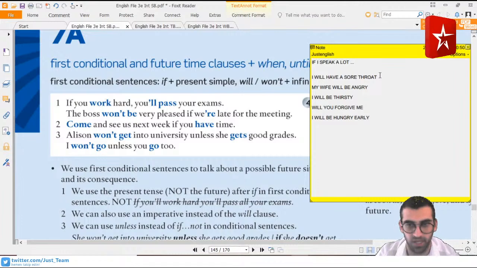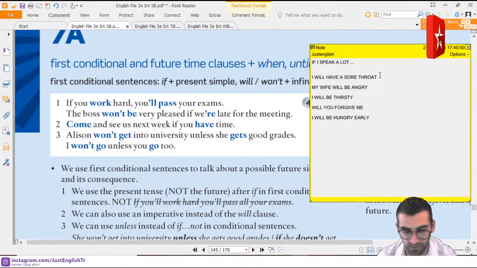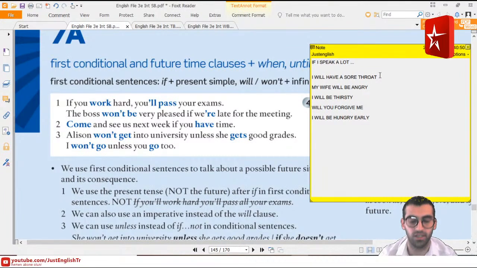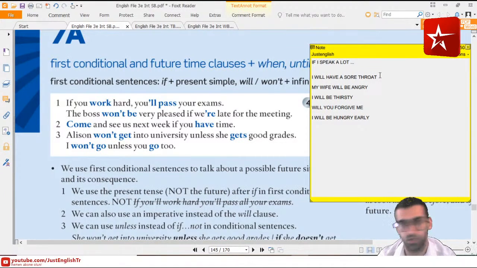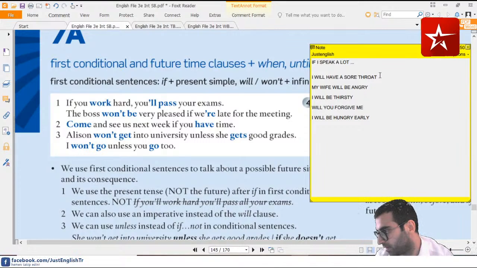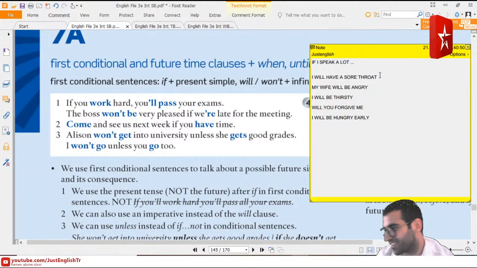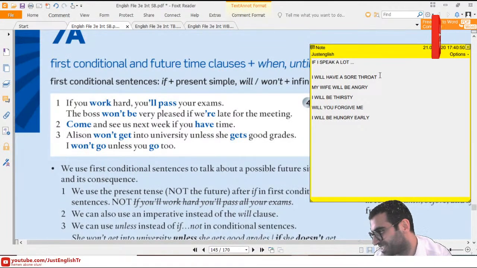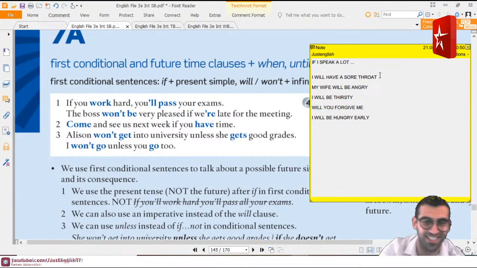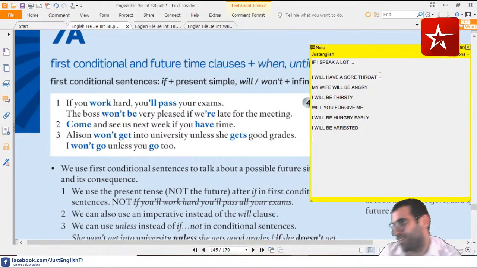Yes, of course, because if you're fasting, if you spend lots of energy by talking, of course you will be hungry. Alp says, people think I am so chatty. Yes, great. Nejat says, I will be arrested. Why, Nejat? Why will you be arrested?